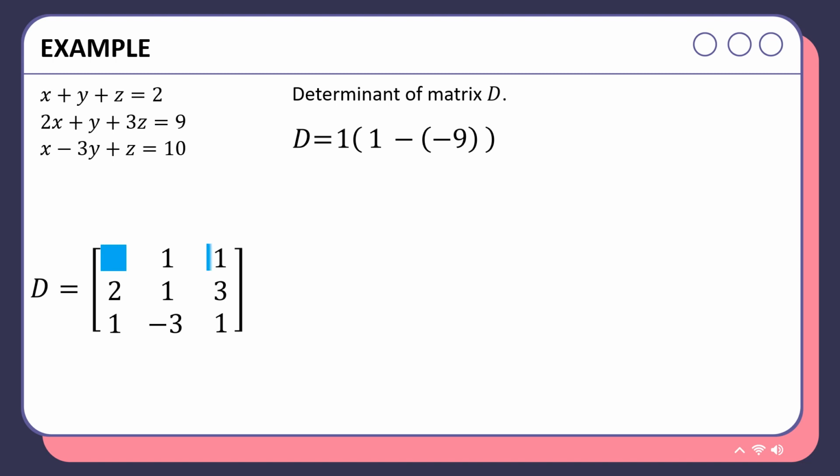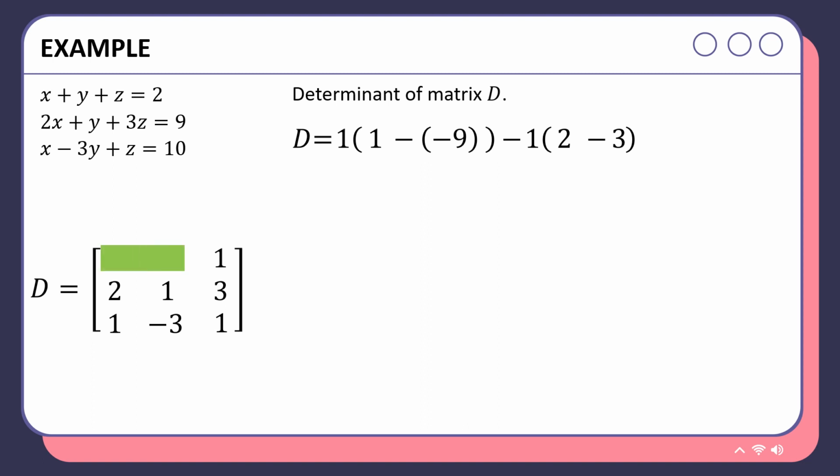Now we cover 1 and 1 and 1 and -3. Minus, we copy 1 times 2 times 1 is equal to 2 minus 3 times 1 is equal to +3.